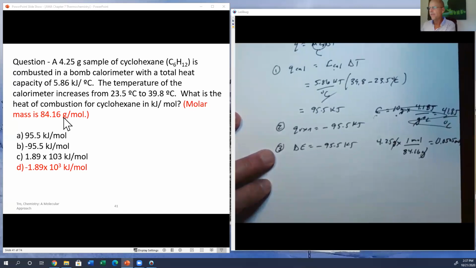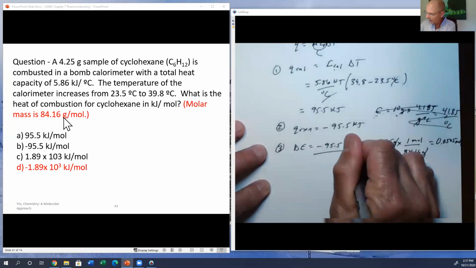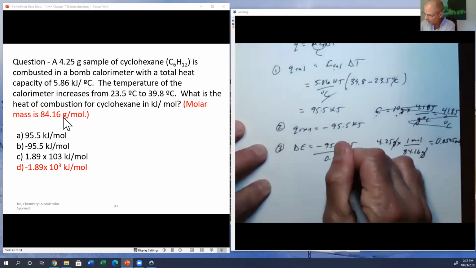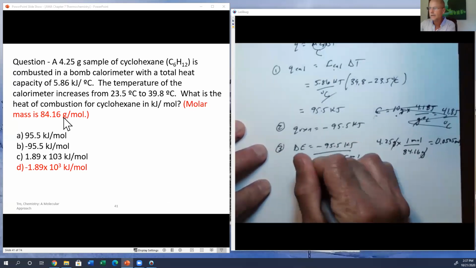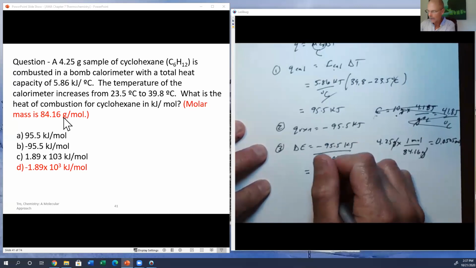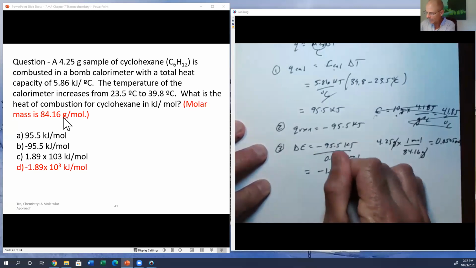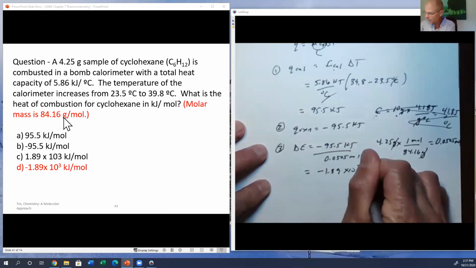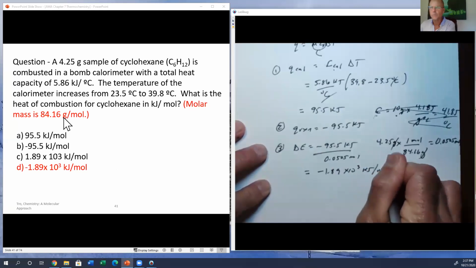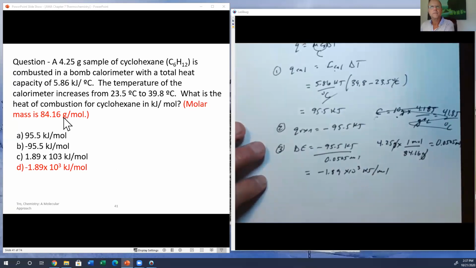And then we divide that by 0.0505 moles, and we get negative 1.89 times 10 to the third kilojoules per mole. Does that make sense?